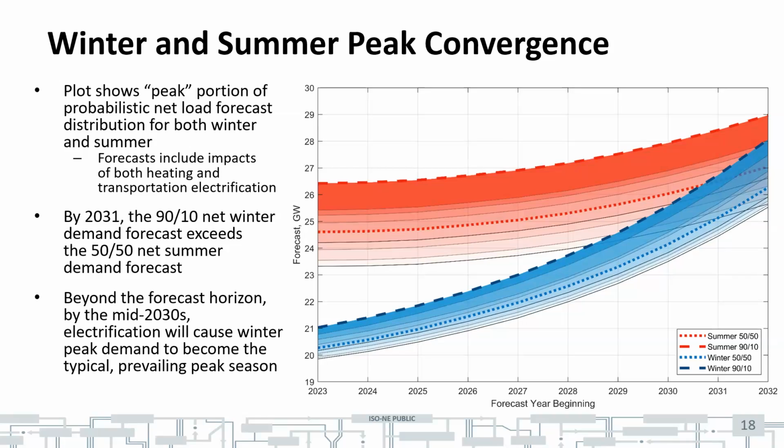The takeaway is that there's dramatic convergence because of the pace of electrification we're forecasting. By 2031, if we get a really extreme cold Arctic blast in New England but maybe have a mild summer without a significant heat wave, we might have a winter peaking system. That's basically what this says to me.